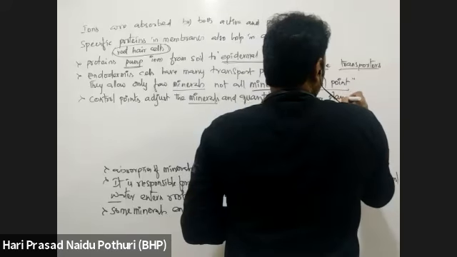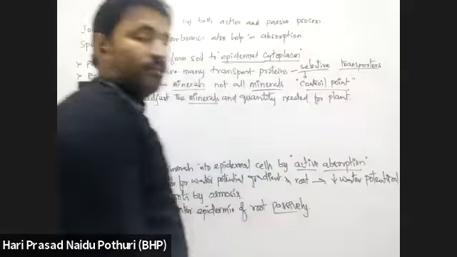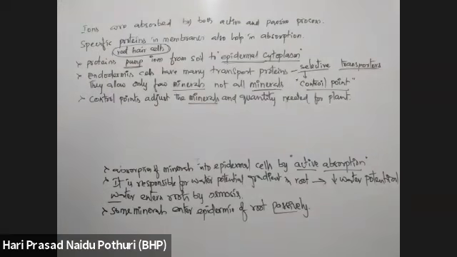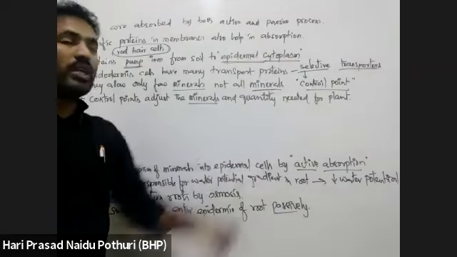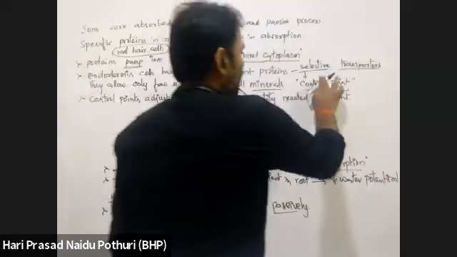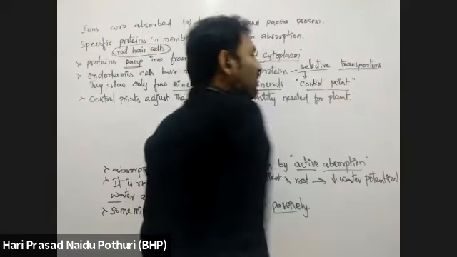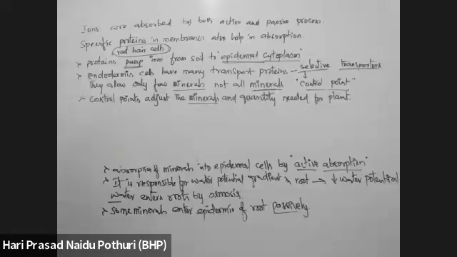That means which minerals are needed for the plant and in which concentration a mineral is needed, that is checked here. Checkpoints, that is what I said, control points. All minerals are not allowed to be carried.